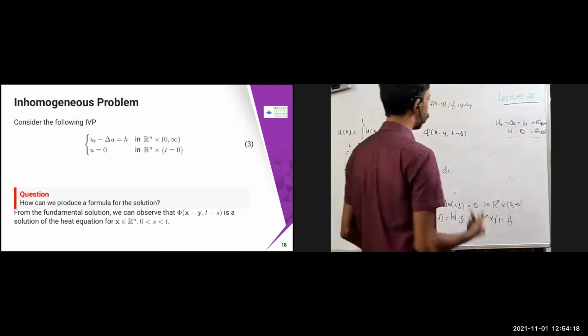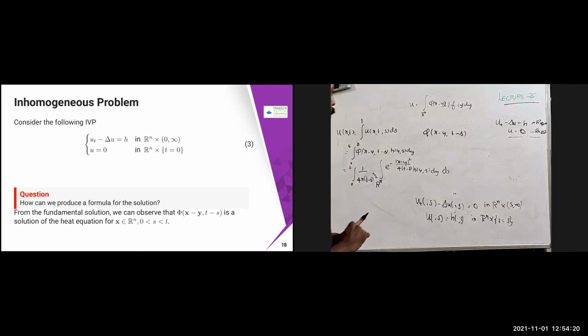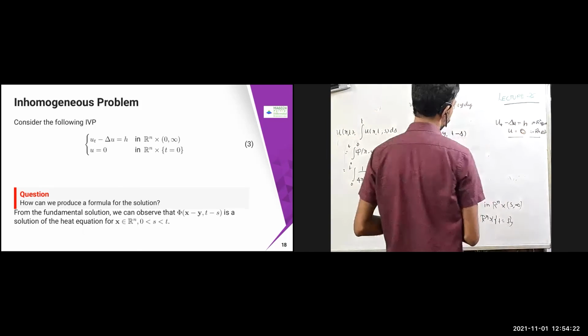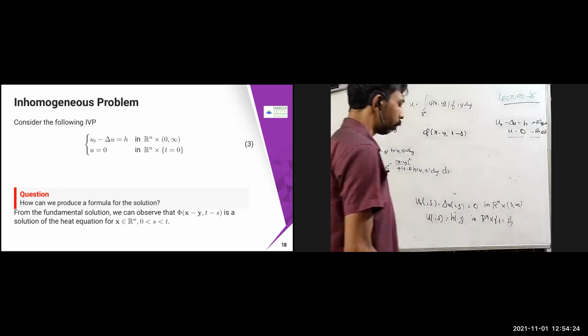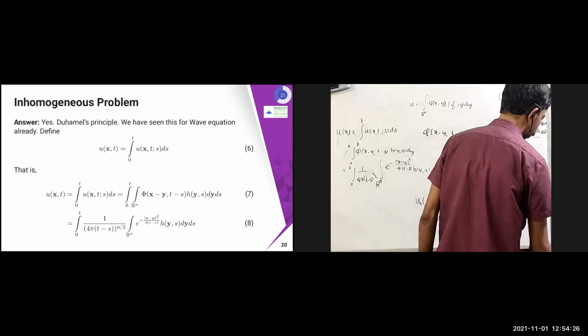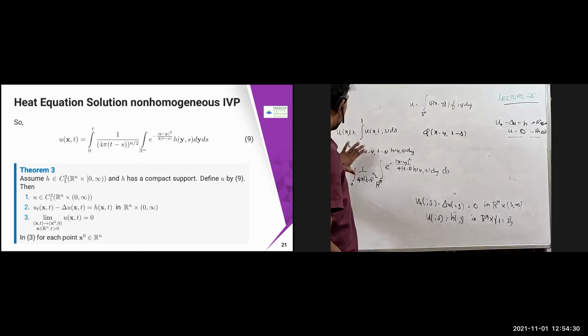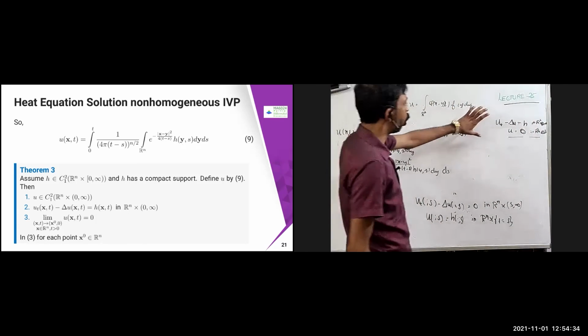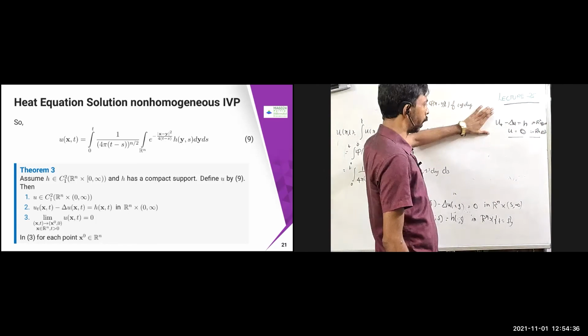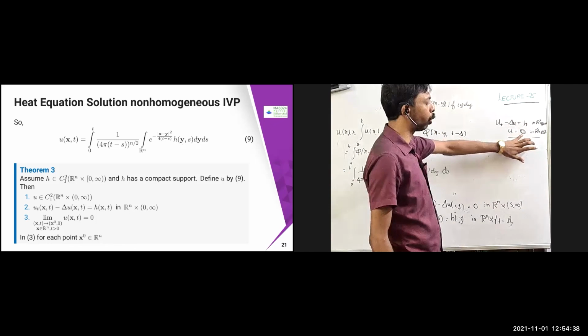If f is there, we have to transform it differently. So this is the problem we are solving: here k, here 0. This is going to be the solution for the inhomogeneous heat equation. Here k is there, here u equal to 0, here no f.